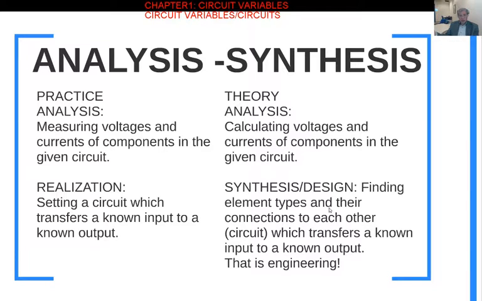So you could then go to the lab, use the same elements that you found in theory and connect them to each other as you found in theory in the lab, and you can test your design that you found in the synthesis in theory. You're going to do this test in the lab. So this is the relation between synthesis in theory and the synthesis in lab or in practice.